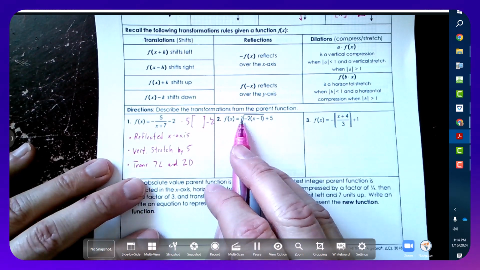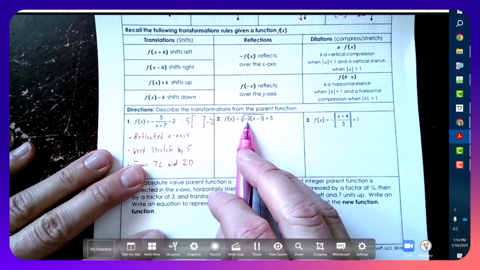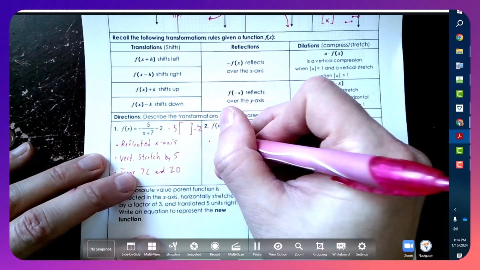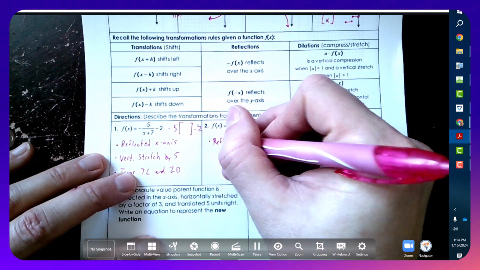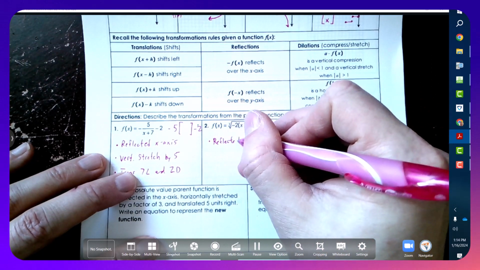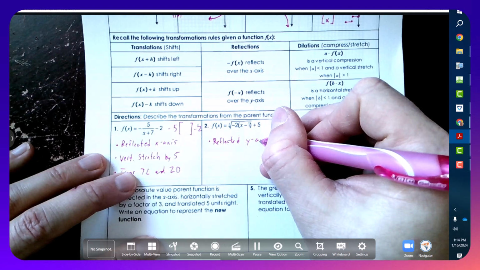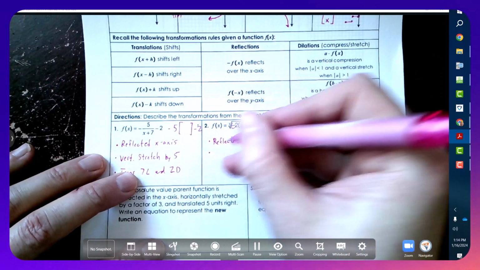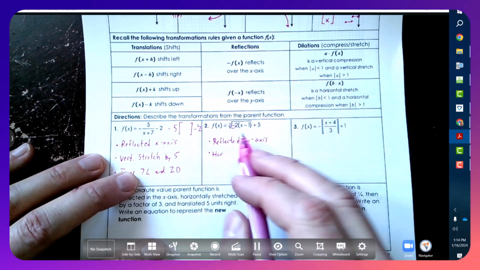Now with this one, we obviously have a cube root, and we have a reflection on the y-axis because it's on the inside of the parent function. So we would say reflected on the y-axis. And we've also got a horizontal compression, because it's larger than 1.